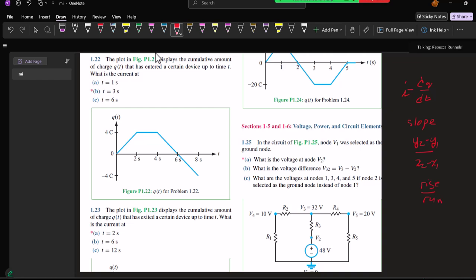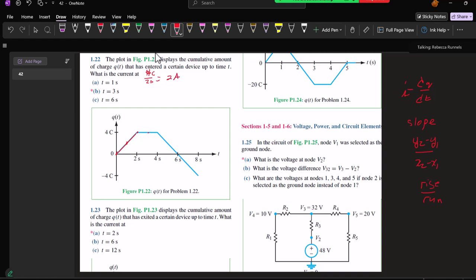So at time t equals 1, I'm in this first part, and I want the slope of that first part from 0 to 2 seconds. I go up 4 coulombs over 2 seconds, and so I get 2 amps.